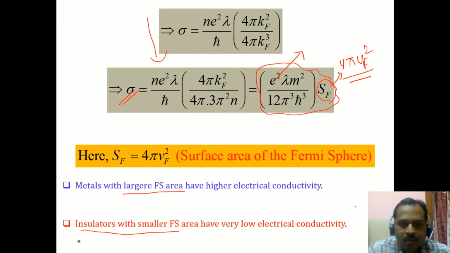Why the metals show higher conductivity than the insulators cannot be explained using the Drude theory. Whereas in the Sommerfeld theory, we can see that the metals have larger Fermi surface area, and as a result they have higher electrical conductivity, whereas the insulators have smaller Fermi surface area but lower electrical conductivity.